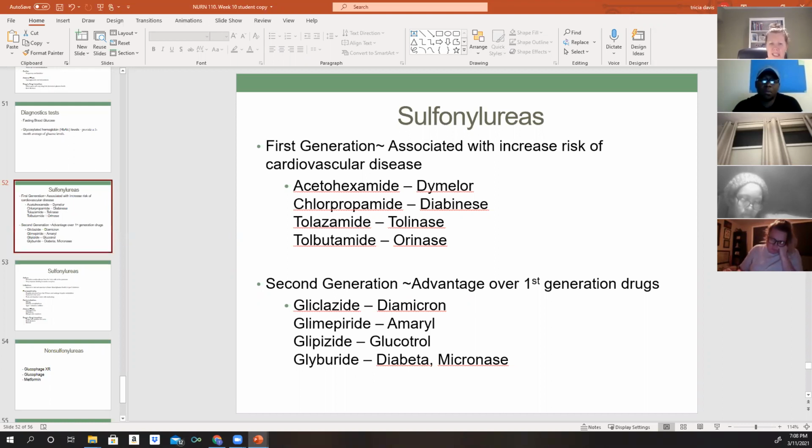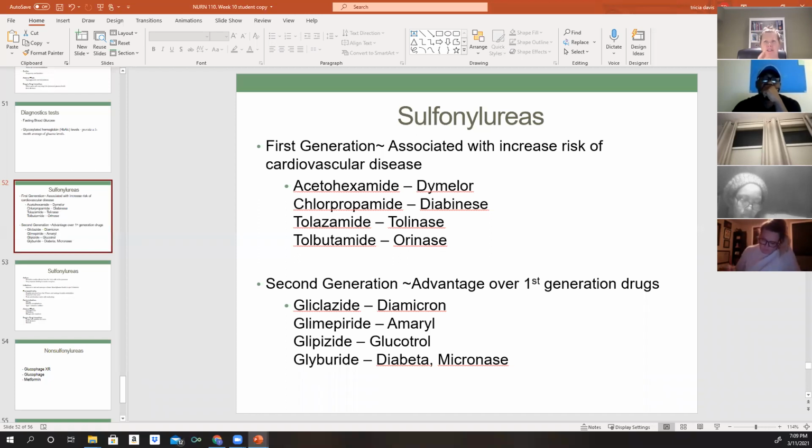So we do treat diabetes with these sulfonylureas. There are 2 generations of these medications. The first generation, we don't see as much. I still see some of them in my practice for NP because they work on these patients.